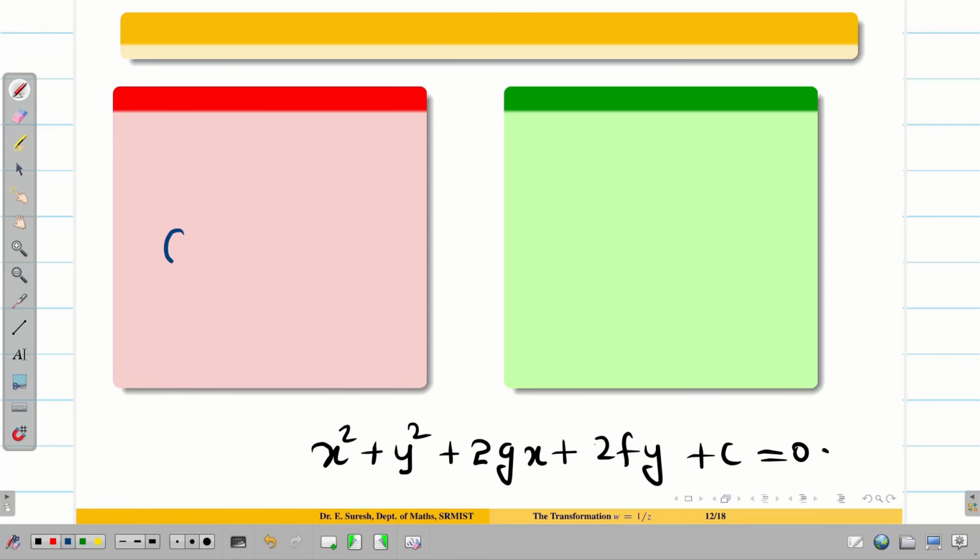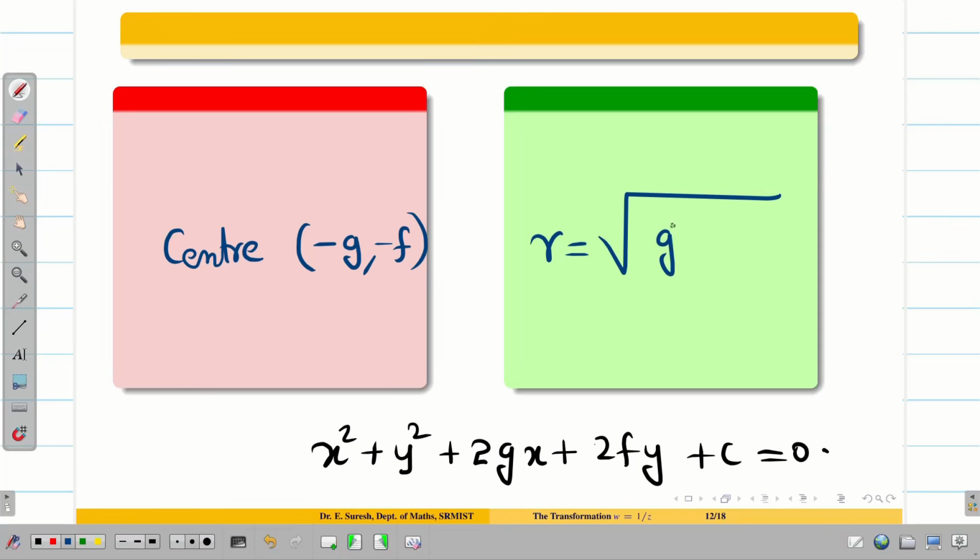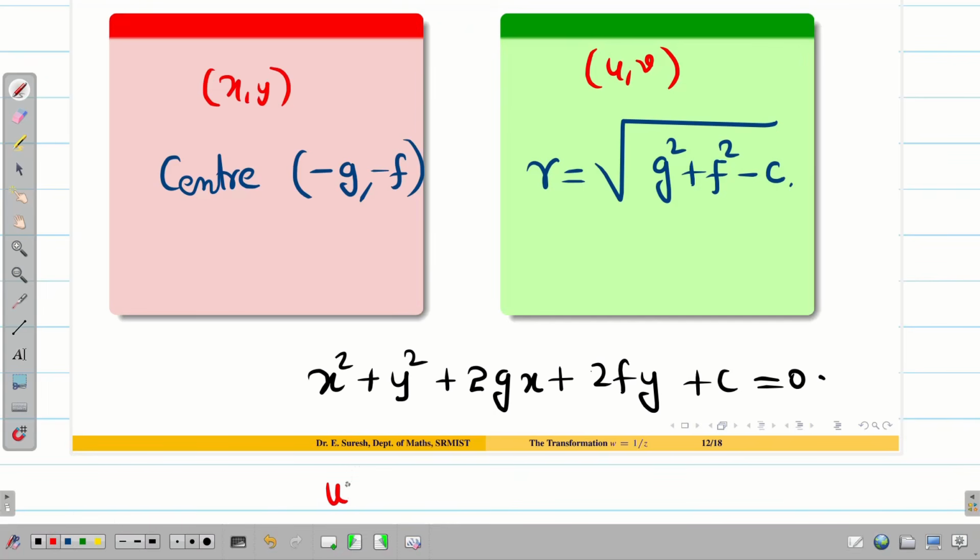To find the center, we have to find g and f, and the center is nothing but minus g, minus f, and my radius is square root of g square plus f square minus c. In our problem, instead of x and y, we are using the axis u and v. So we can rewrite this as simply u square plus v square plus 2gu plus 2fv plus c equal to 0.